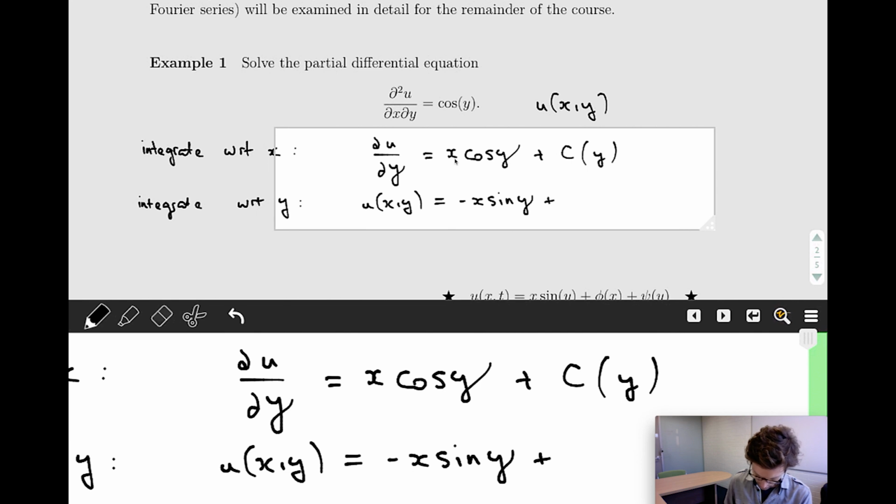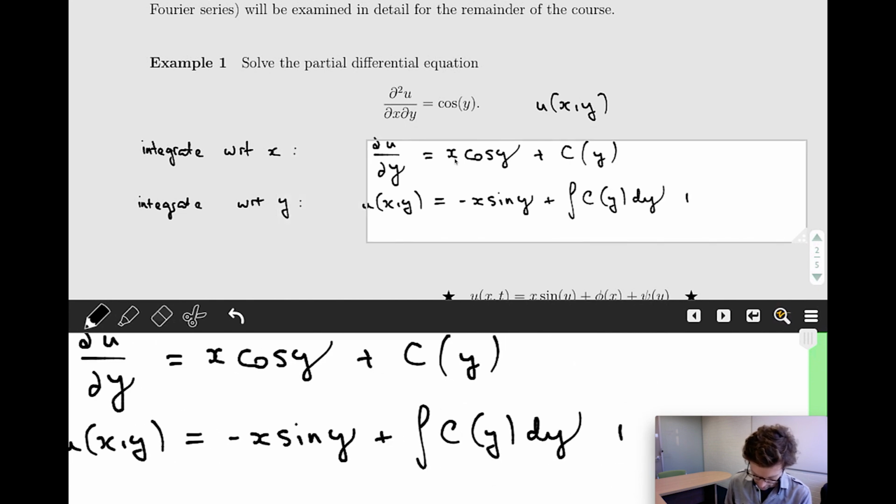I've got the integral of c(y) dy, and I've got another constant of integration. But just as in the last case, that constant of integration, because this is partial integration, could depend upon the other variable. So this can depend upon x.